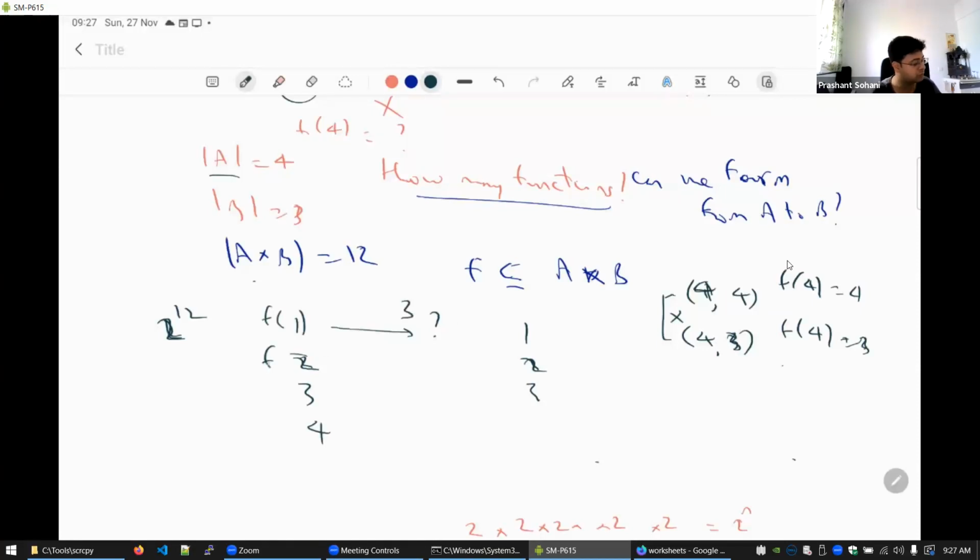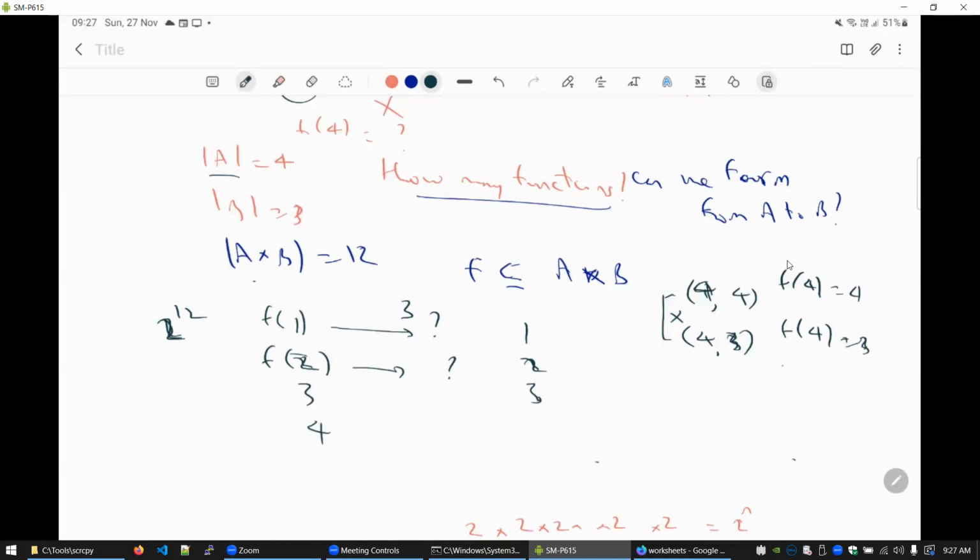What about f of 2? How many choices for f of 2? We'll have 2 choices. Why 2? Originally, without any restriction, it would be 3 choices, but since we've already taken one element for f of 1, we can't have f of 1 and f of 2 mapping to the same element.